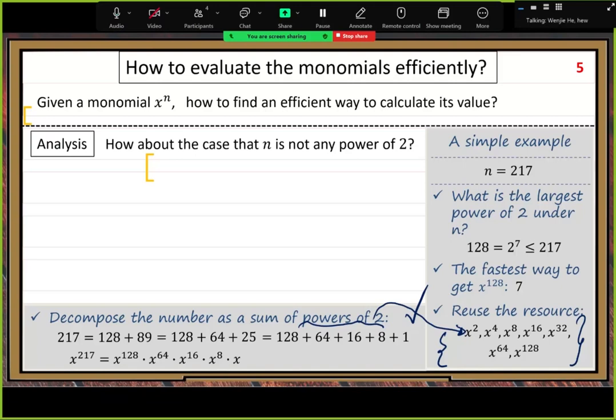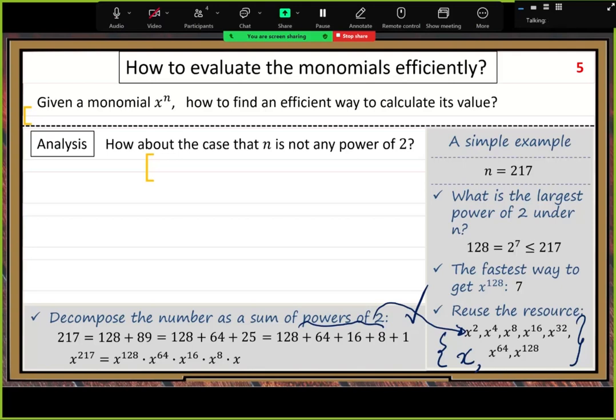There are 5 monomials, right? X is given, we can use it anytime. If you like, you can put that x in this pool also. It's fine, because its exponent is 1, and 1 is also a power of 2, 2 to the 0. So this is also our resource, x.